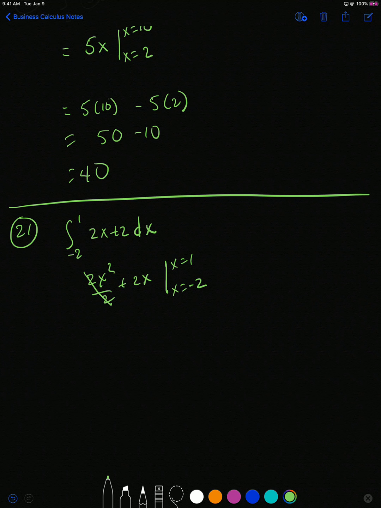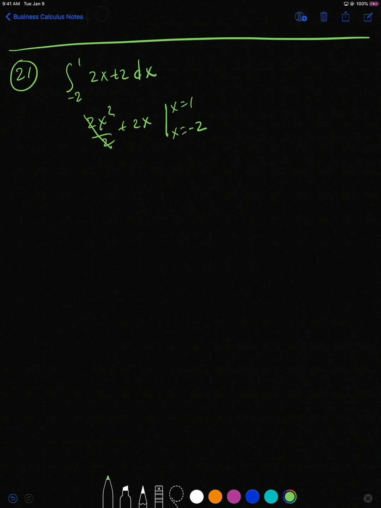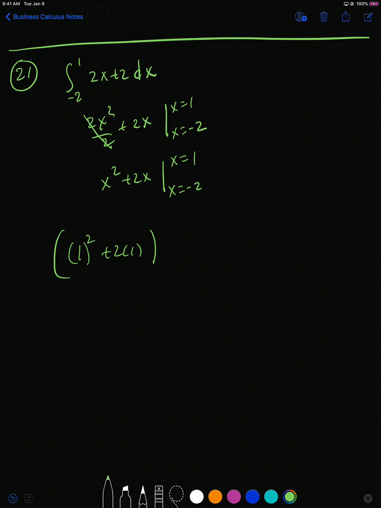These simplify, so my actual integration is simply x squared plus 2x. Plug in 1, plug in negative 2, subtract the two answers. So you plug in 1, that's going to be 1 squared plus 2 times 1, and then you subtract negative 2 squared plus 2 times negative 2.